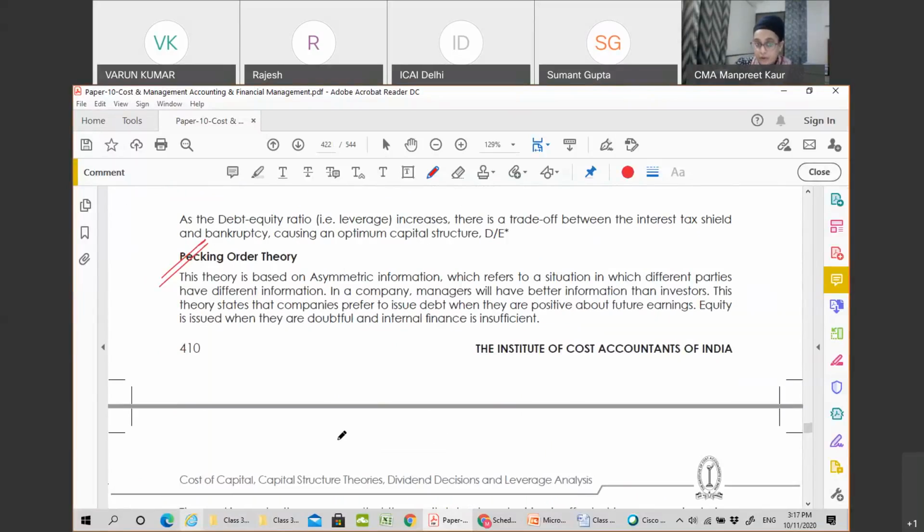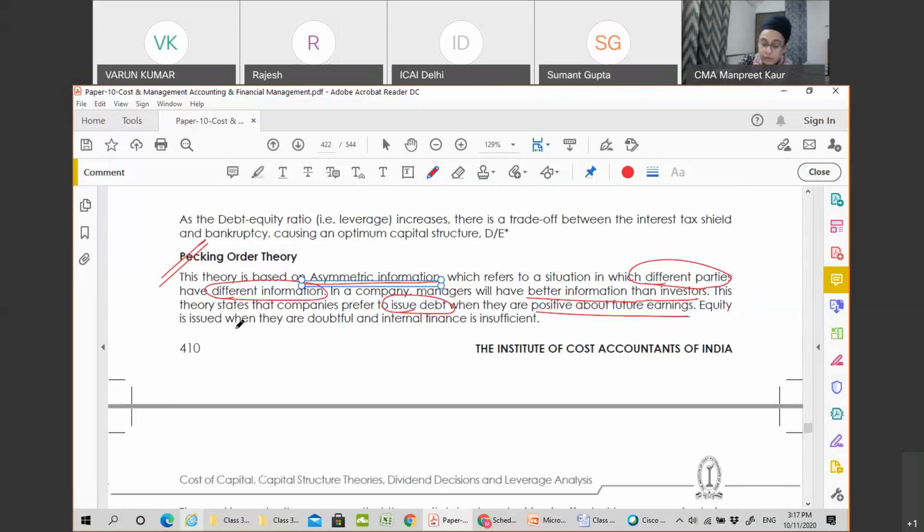And what is the pecking order theory? It is based on the asymmetric information, a situation in which different parties have different information. Every manager will have better information than the investors. This theory states that it is better to issue debt when they are positive about the future earnings. If the manager as a professional knows that growth will happen, there is flexibility, and they can control and pay interest, if positive about future earnings, then we will prefer to issue debt.